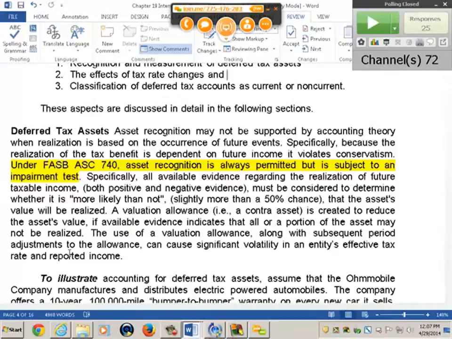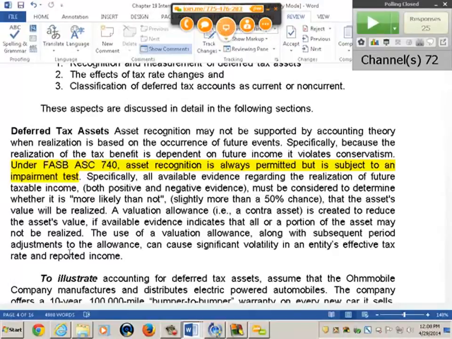And this was going around for a while, and we finally settled on the following. Under the FASB Accounting Standards Codification, Section 740, deferred tax asset recognition is always allowed, but it's subject to an impairment test. The impairment test is going to involve looking at positive and negative evidence regarding future income.